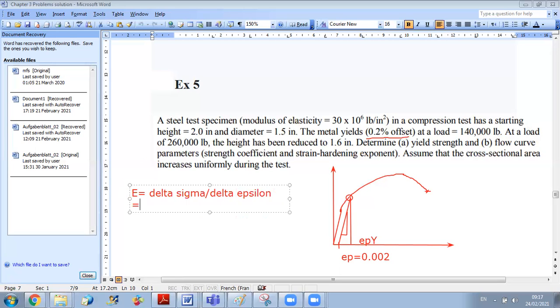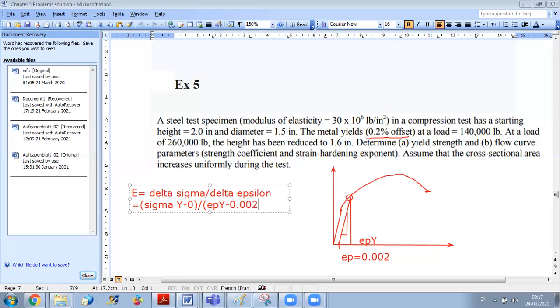For delta sigma, sigma at the second point is sigma yield, and sigma at the first point is 0, because I'm starting from the epsilon axis. So I get E equals sigma yield minus 0 over epsilon yield minus 0.002.